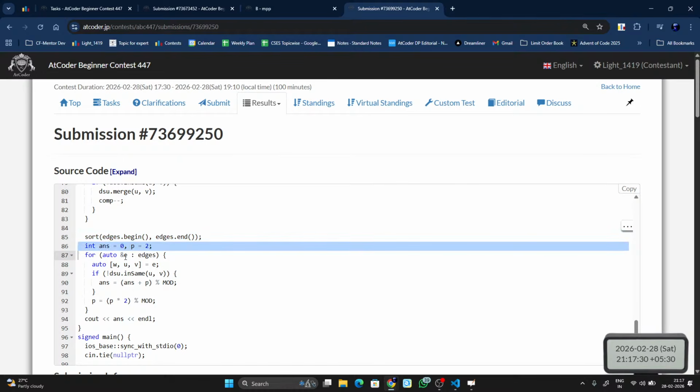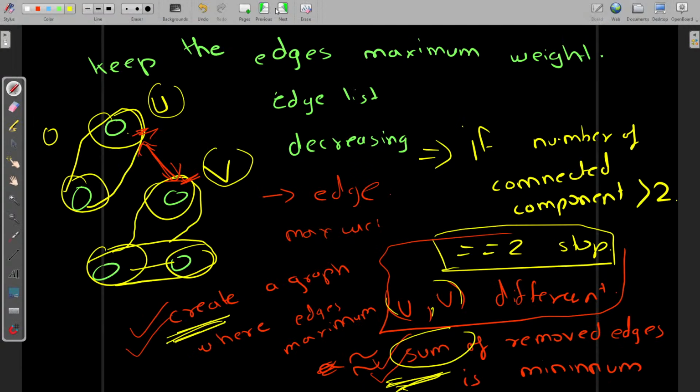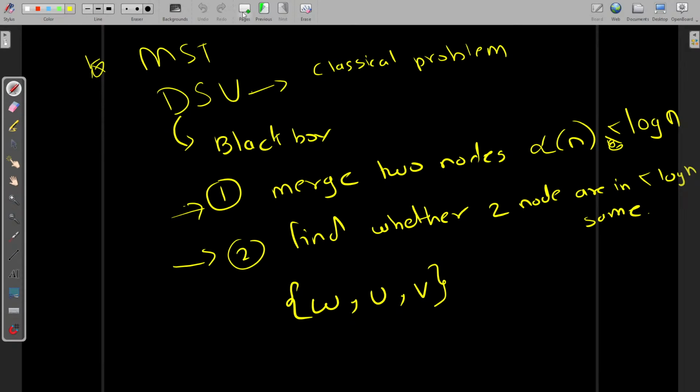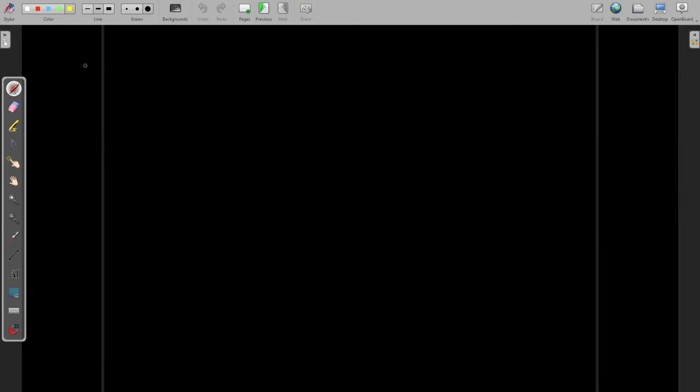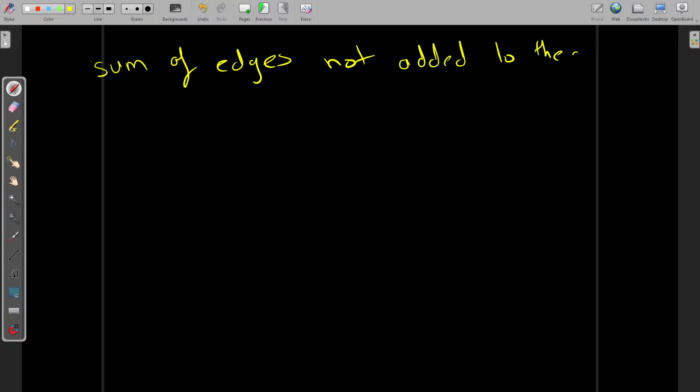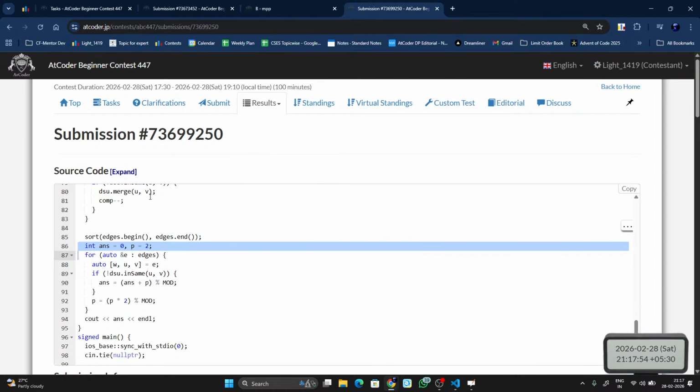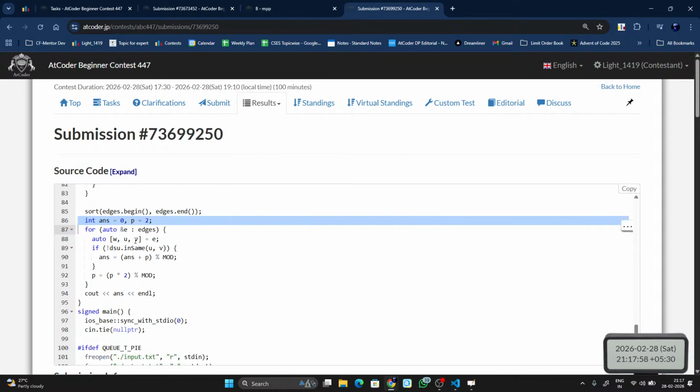Okay, now after creating the maximum spanning tree, I actually have to find the sum of edges not added to the graph. So what does that mean? That is actually saying, okay, this will help me find the edges which I have not added.